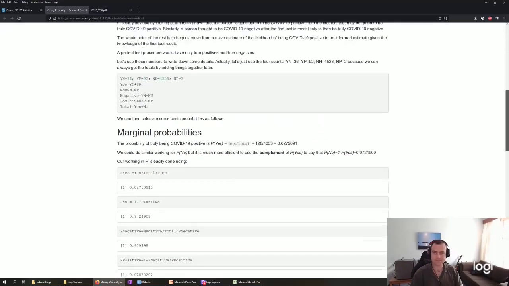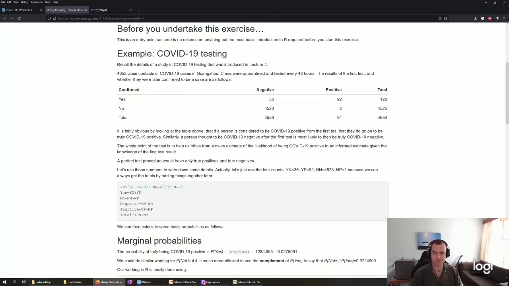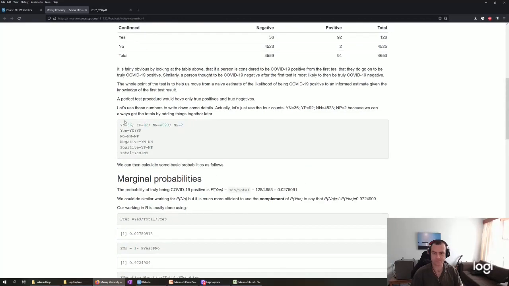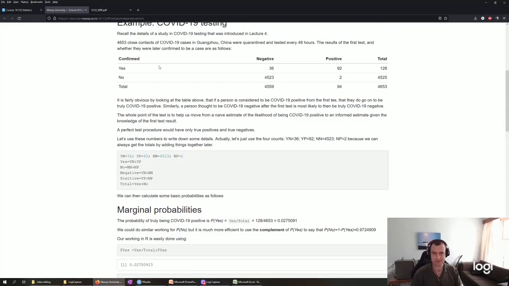Alright. Let's try doing a couple more using the questions that we've got in the workshop. So we've got the table up here that we can look at, but when we're working in R, we want to turn those totals into numbers that we can call up quickly. In this case, YN is yes, you were confirmed to have the virus, N for tested negative.